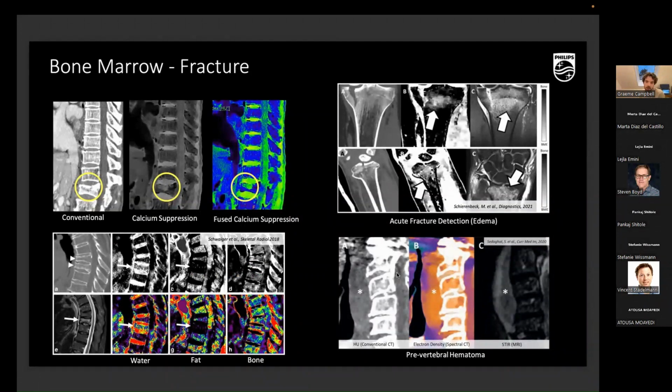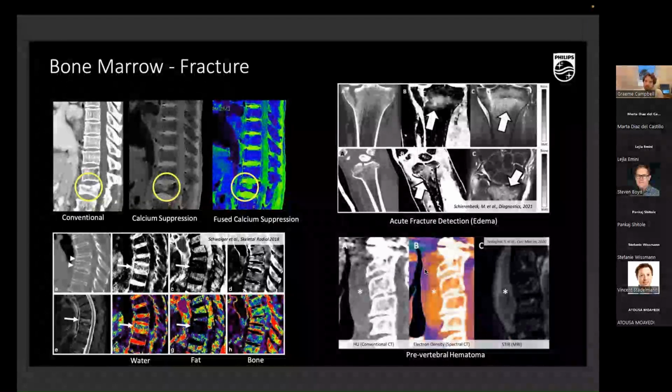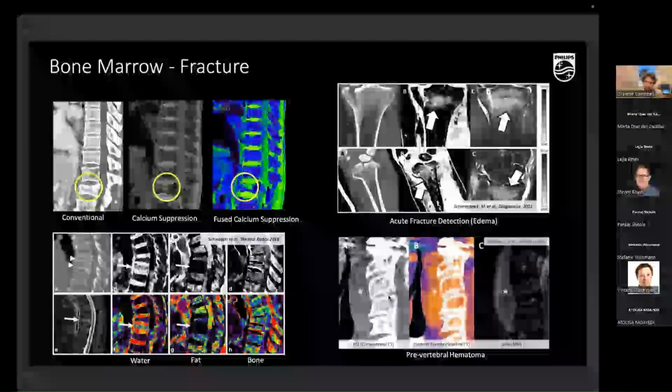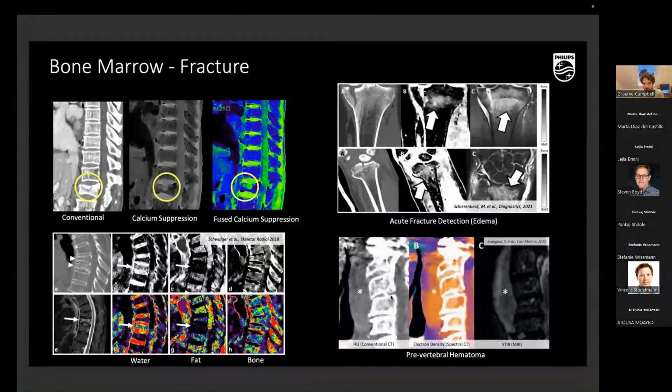And this was a study, it's not really bone necessarily, but I think it is an interesting application of Spectral that we worked on in Kiel in Germany: prevertebral hematoma. So you have a fracture, but you have a bleed in front of the vertebra. And detecting this is really difficult in CT, because the hematoma is coagulated blood, so it'll increase a bit in density.